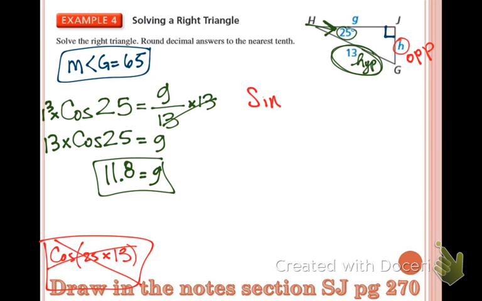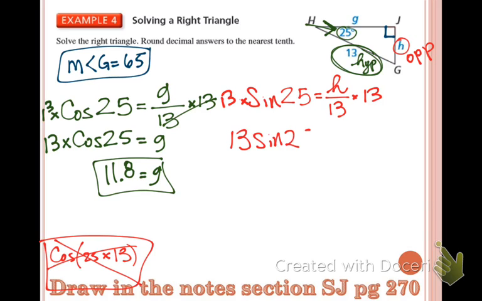So sine, what angle are we coming from? Well, we know the measure of H is 25. So sine of 25 equals the opposite, which we call H, over the hypotenuse, which is 13. So we do the same exact thing. Multiply by 13. So type in 13 sine 25, and that's what H will equal.